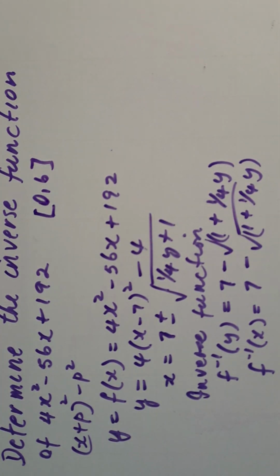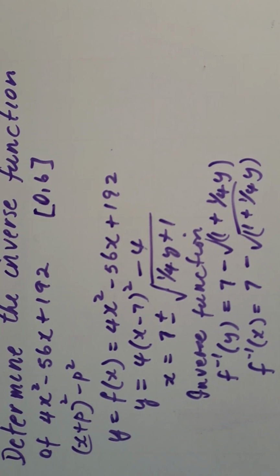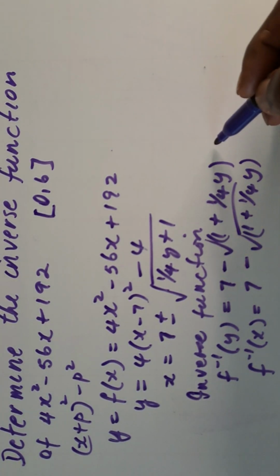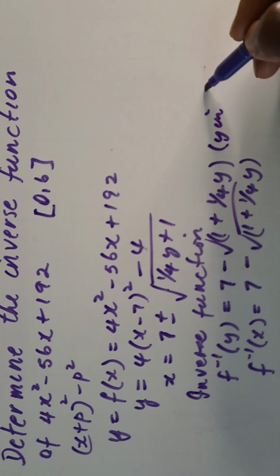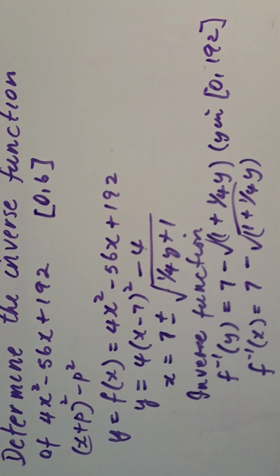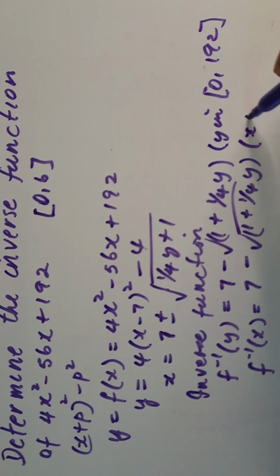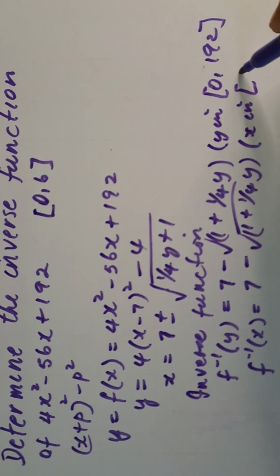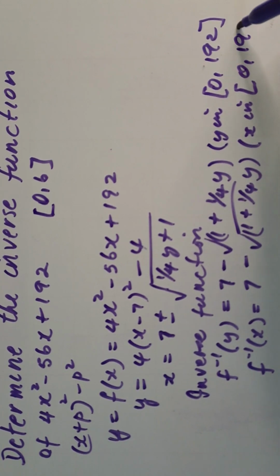This interval is what f is contained within. And so for inverse functions, we ought to mention the domain that y is in, 0 to 192, that interval, and x also in the interval 0 to 192.